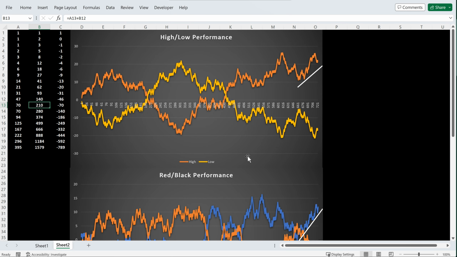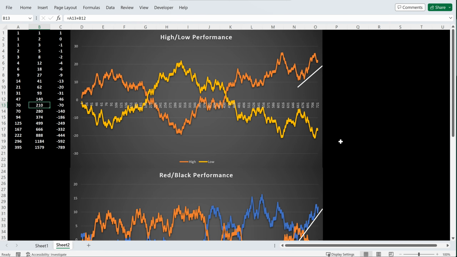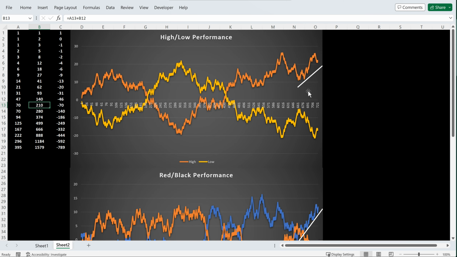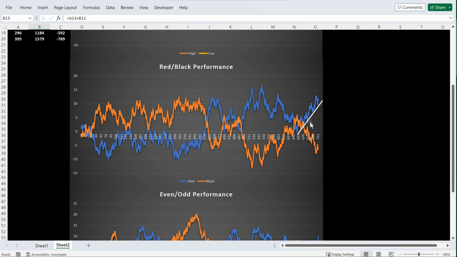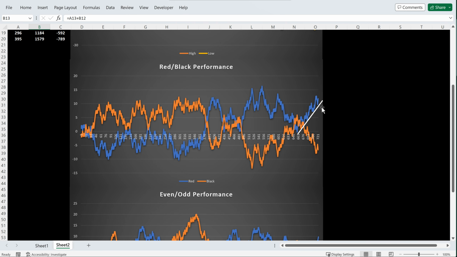But in my playing around today, I've gotten this to a point where I think they both work together well. What I mean by that is I'll look at the charts here, see which one is in a trend that I like best. Right now it's red, so I was practicing a little bit before I turned on the recorder, and I've been playing red because I like this trend here.